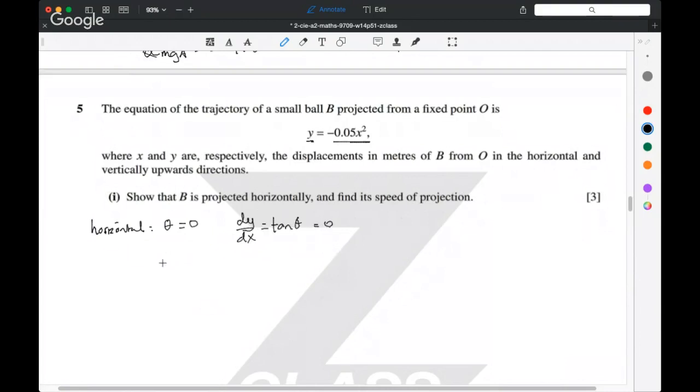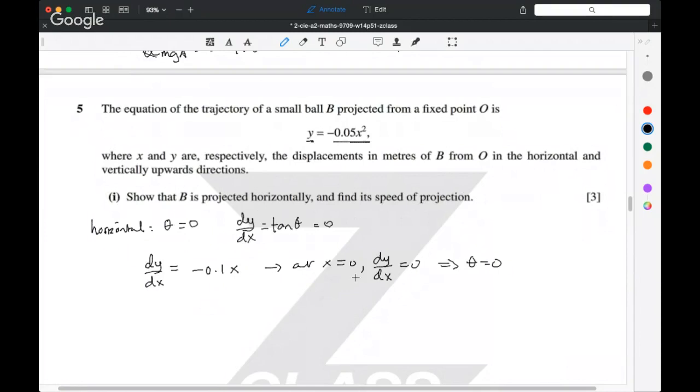So here we have dy/dx is equal to 2 minus 0.1x. Therefore, at x equals 0, which is the initial point, x equals y equals 0, dy/dx is equal to 0. So this means that theta is equal to 0, i.e. it's horizontal.